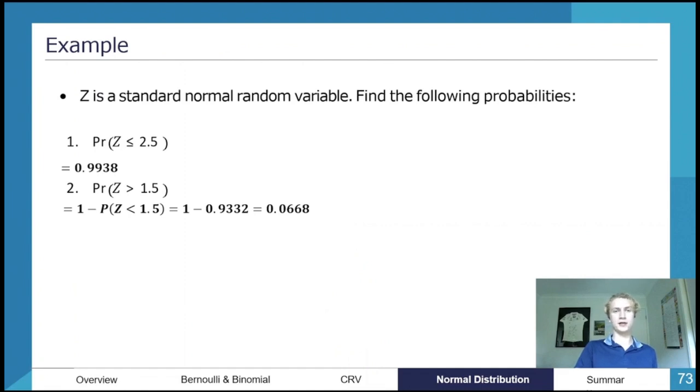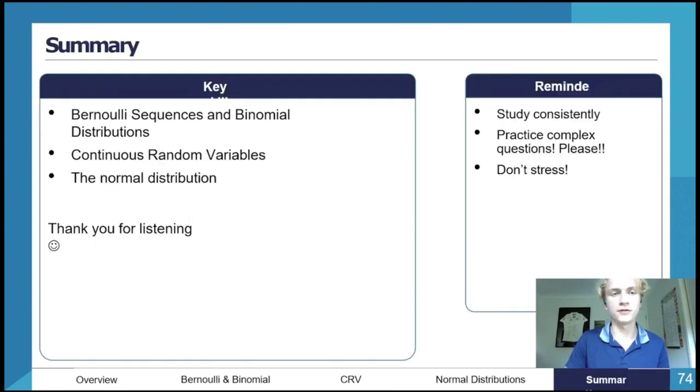So an example would be to find the following properties, if Z was a standard normal random variable between those two. You would have to use the norm CDF function. But yeah, you will memorize these values at some point, and then ditto for the 1.5.